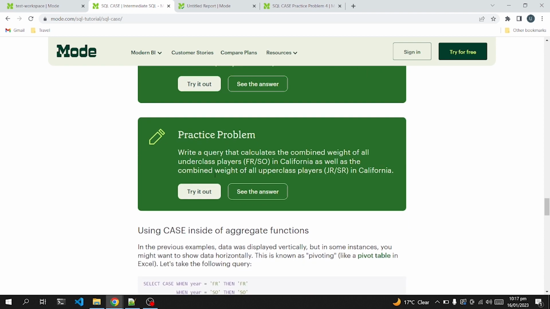Now let's jump to another query. Write a query that calculates the combined weight of all the underclass, which they termed as FR and SO, in California, as well as the combined weight of upper class, which is JR and SR. So we have to use the year column in this query, and we have to sum the weight for those class players.